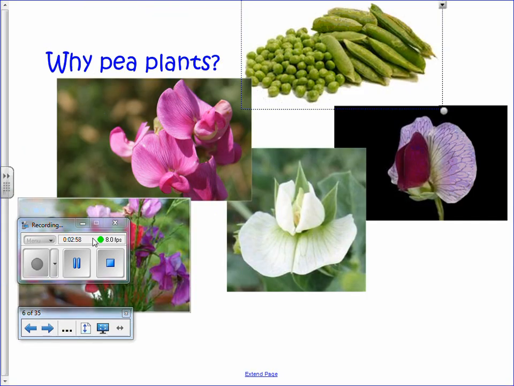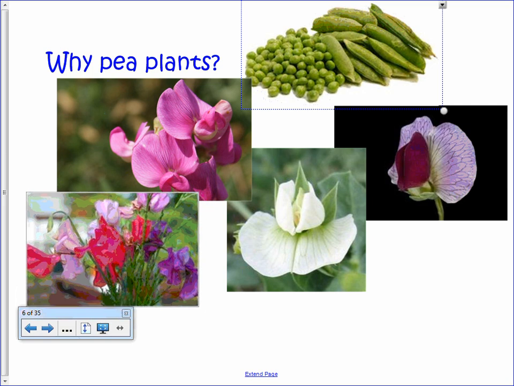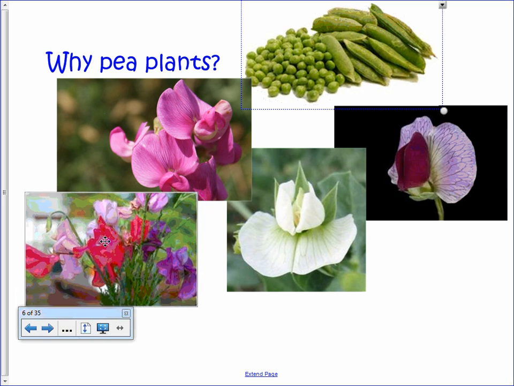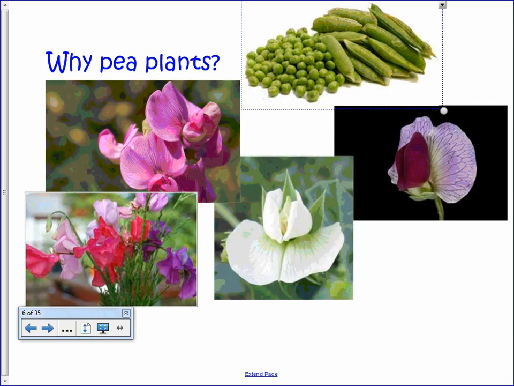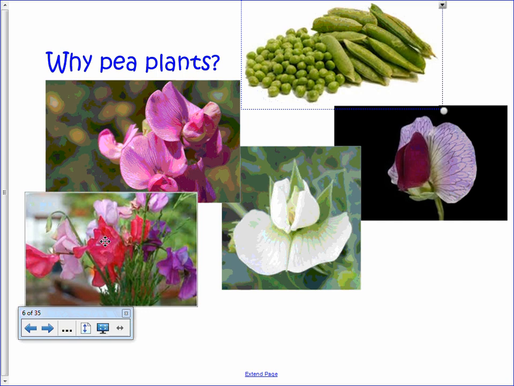So here are the pea plants. So what is a trait? A trait is what? Yeah, it's a characteristic. This is why he studied pea plants: the pea plants had very distinctive traits. The flowers were either purple or they were white. The actual peas were round or they were wrinkled.